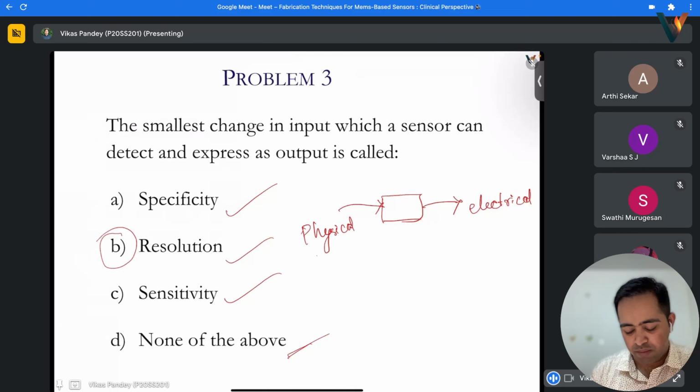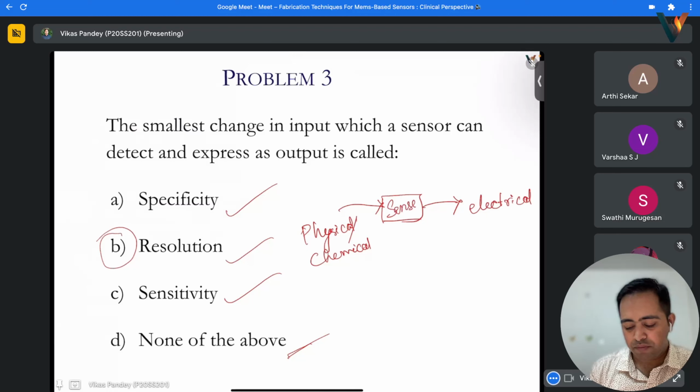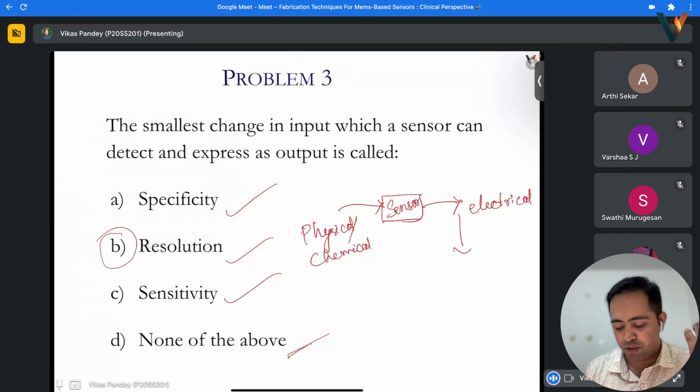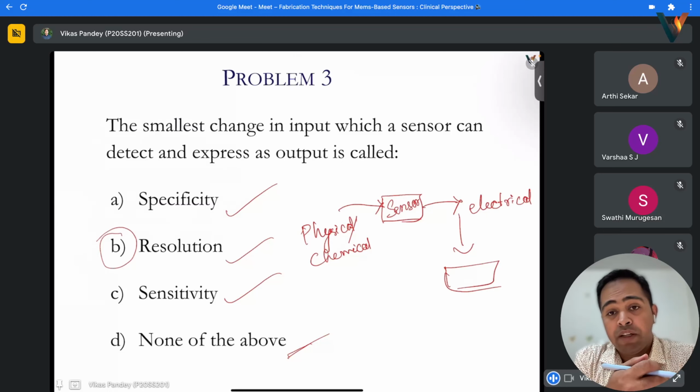Especially in case of biosciences or clinical uses, we have chemical changes which we want to detect using a sensor, and it gives an output in the form of an electrical signal which can then be processed through our computer system or whatever processing system and can be displayed.